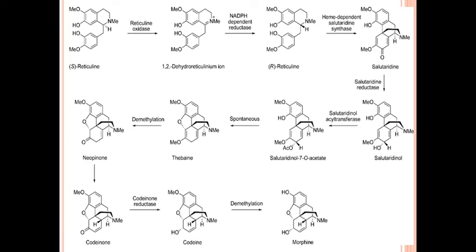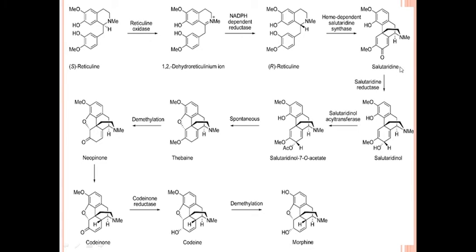So intermolecular phenolic oxidation will occur in R reticulin, without incorporation of oxygen into the product. The oxygen will not be incorporated into the product, but phenolic oxidation, you can see here, will occur and it will convert it into salutaridine.